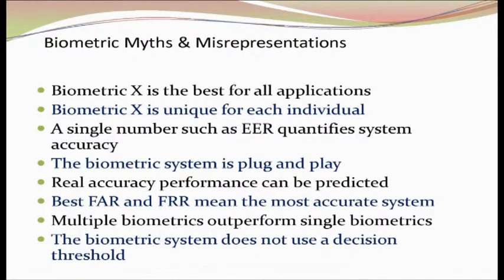Biometric X is unique for each individual. This is also not correct. Remember one thing: we can tell that for this set of people I am getting data where fingerprints are unique or face is unique. Since I do not have the whole globe's data, I cannot draw this type of conclusion.